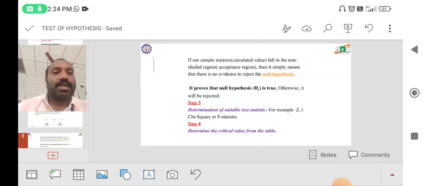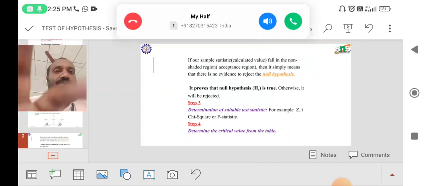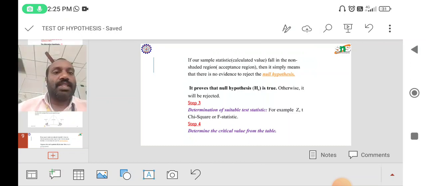Step 3 is determination of a suitable test statistic, for example Z, T, chi square or F statistic. Step 4: determine the critical value from the table.